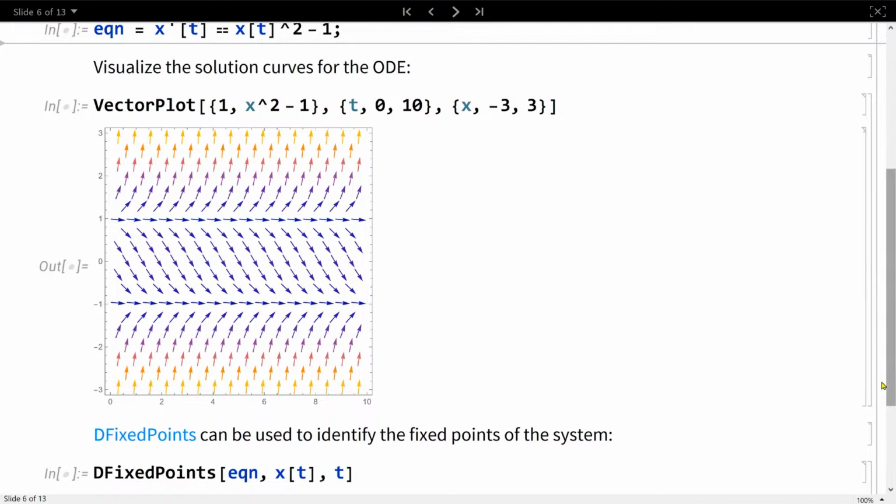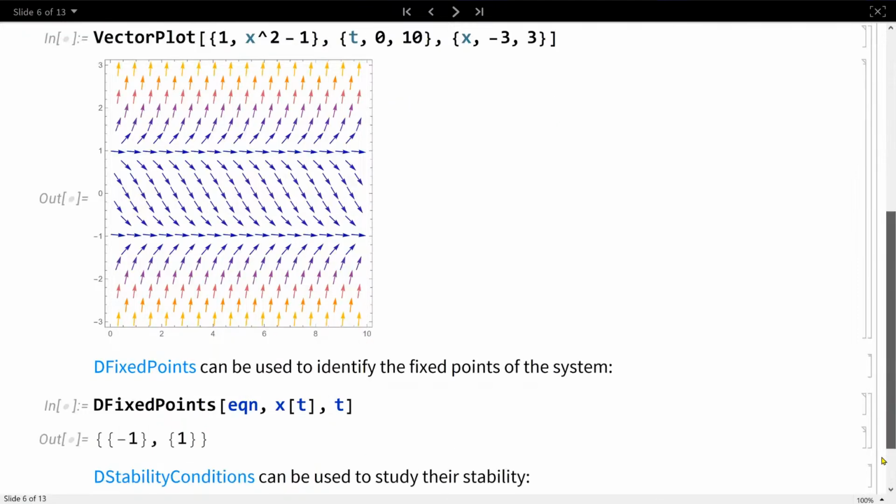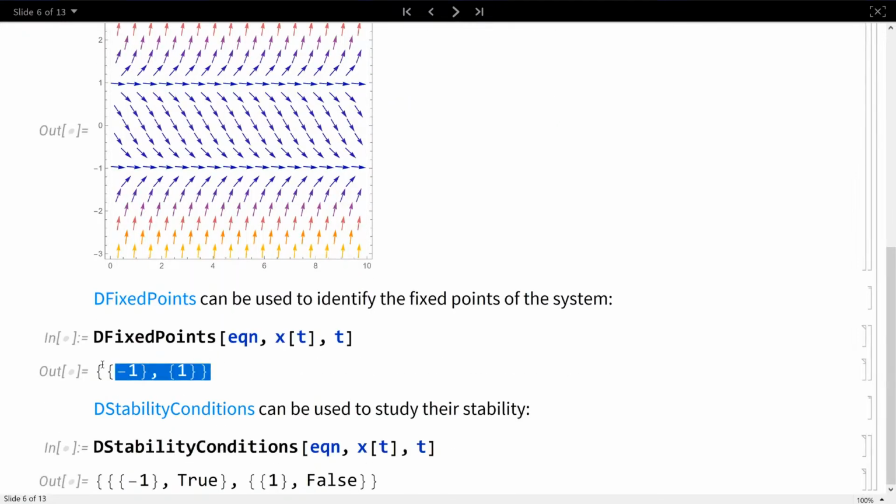And to see that a bit more clearly, you can use a new function, DFixedPoints, to figure out the fixed points. And then you can use these stability conditions to examine what happens at those fixed points. So the -1, True means that you actually have stability at -1, and the False means that you have unstable behavior at 1.